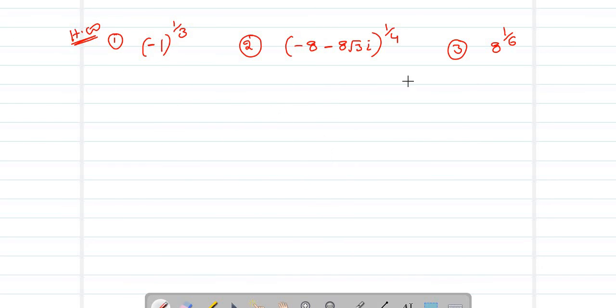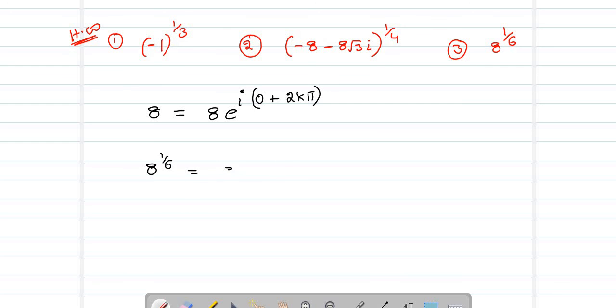No. So what you have is 8. When you see that as a complex number, this is 8 into e power I 0 plus 2k pi. So I am looking for 8 power 1 by 6.